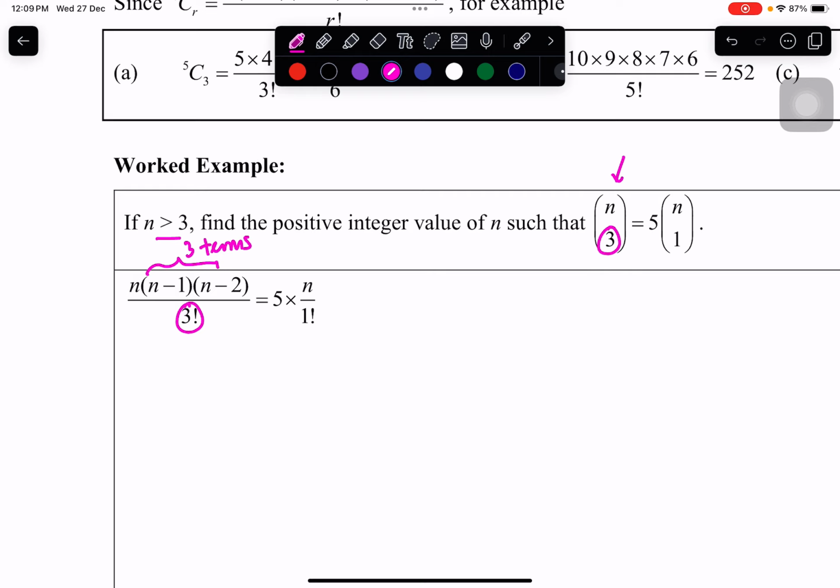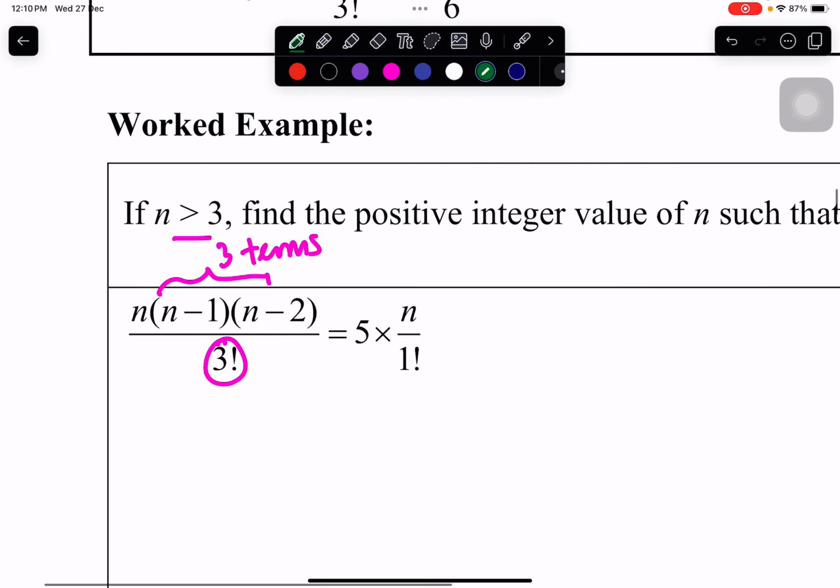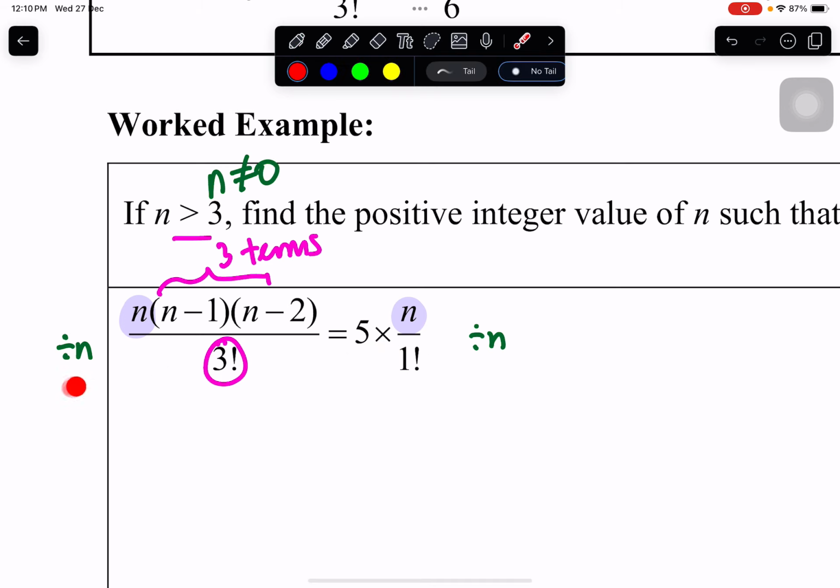Noticing that there is n on both sides, I can divide by n on both sides. That is okay because n is greater than 3, so n is not equal to 0 and n cannot be 0. We won't end up with a situation where we are dividing by 0.